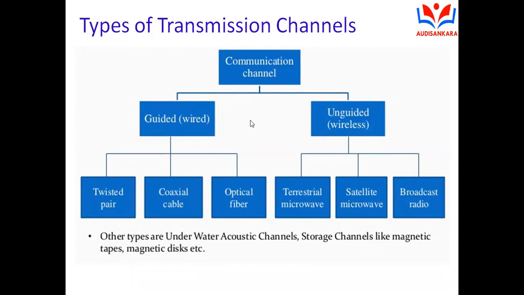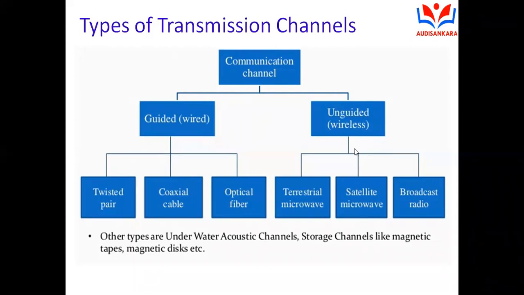So what types of physical paths connect the transmitter to the receiver in guided transmission media? Twisted pair, that is a double wire, coaxial cable, or optical fiber cable.